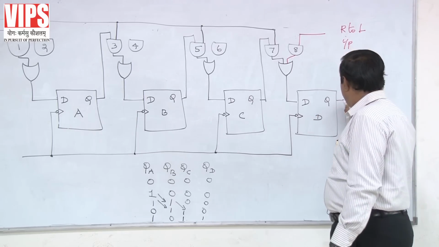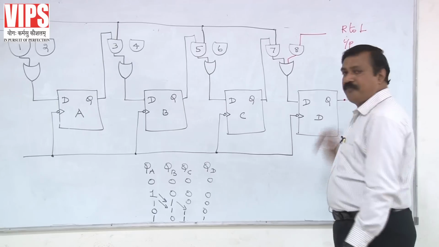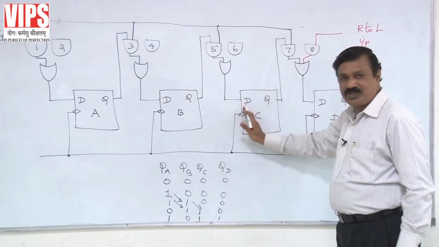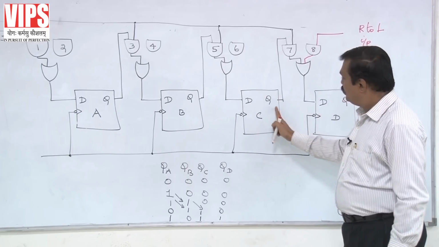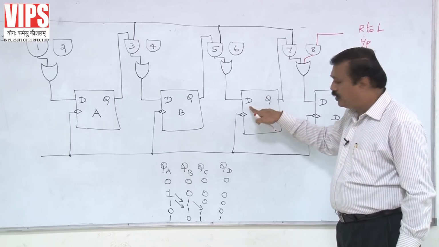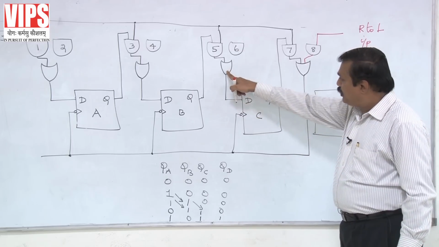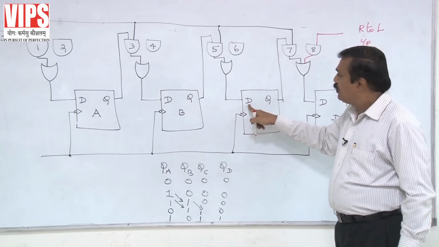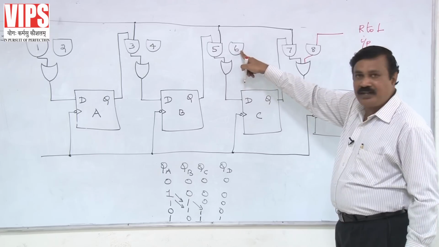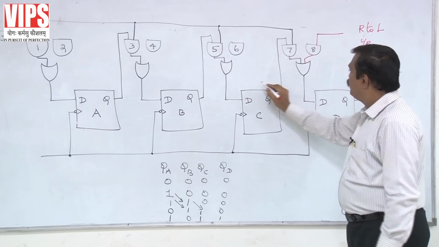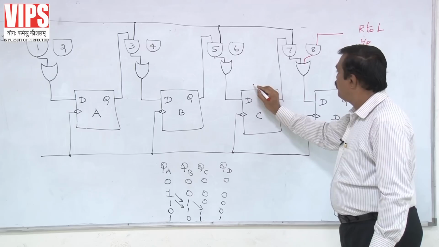Now you will get an output here. This output should go to the next input, that is the next flip-flop's D input. Already the OR gate's two inputs are connected. This AND gate is blank, we can use this. Therefore, I am using a dotted line.